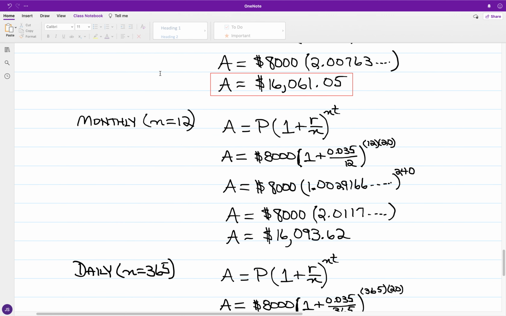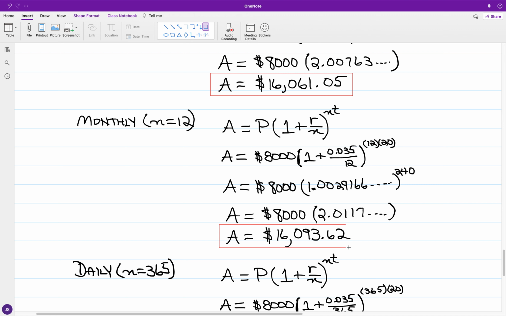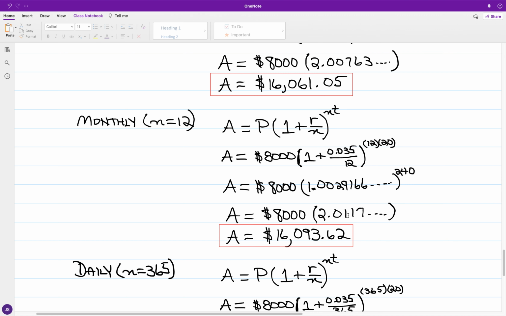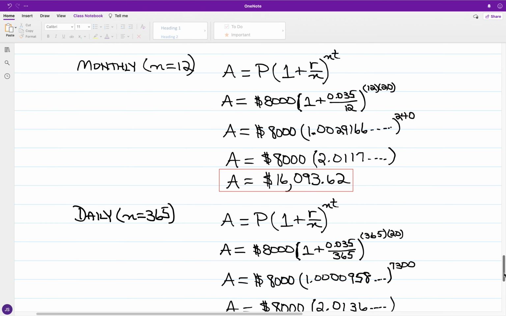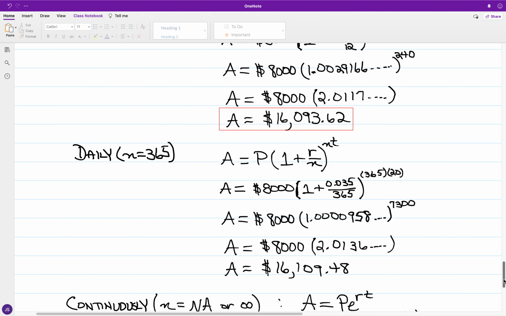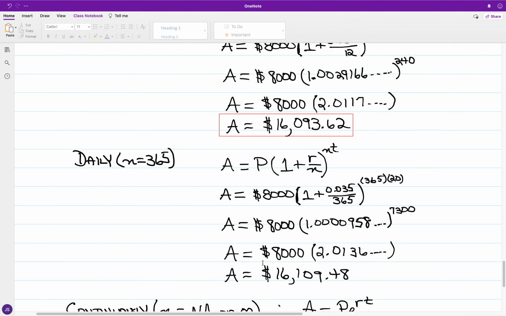And then monthly. Notice for all situations the percentage rate is quoted at 3.5%, but the more frequently the compounding is done, the more interest is going to be added. So here I have another $32 plus added as I went from quarterly to monthly, and then going from monthly to daily, that's almost another $16 added still.